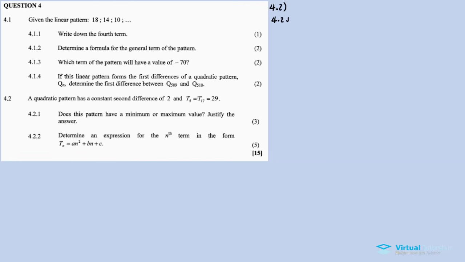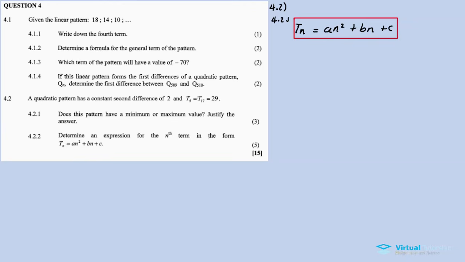Alright, now 4.2.1, we know that in a quadratic pattern, yes, a quadratic pattern has a minimum or a maximum value, for the fact that Tn is equal to an squared plus bn plus c. This is a quadratic equation or a parabola. Yes, right?